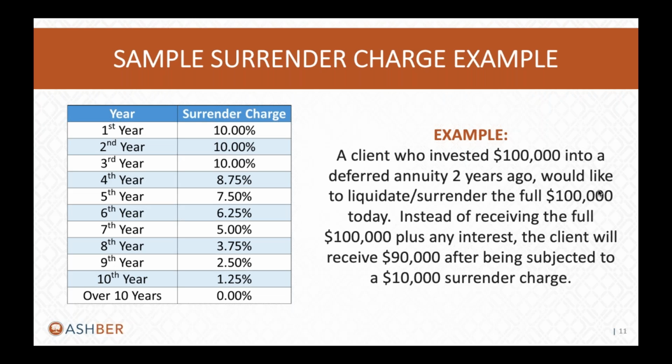If we look at an example of a client that purchased a deferred annuity with $100,000 and purchased the contract 2 years ago, we see that the surrender amount is still at 10%.